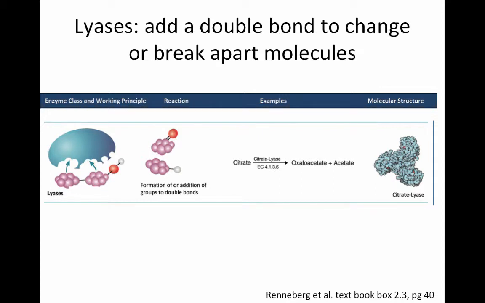The next class of enzymes are lyases. Lyases add a double bond to change or break apart molecules. And so this also can act to break apart molecules, but in a different way than the hydrolases.